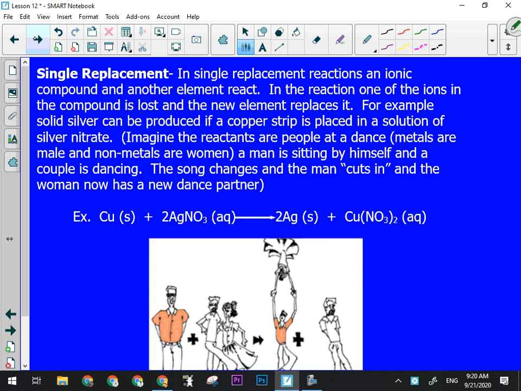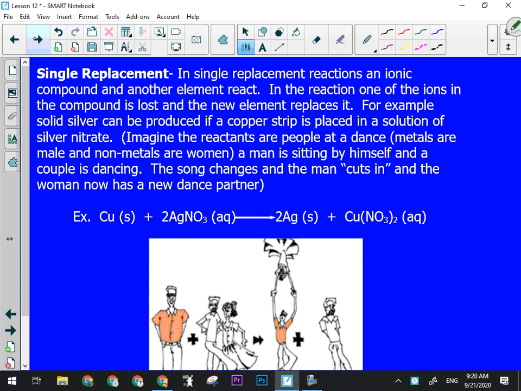This is a real reaction. If I put a piece of copper wire or a penny in a solution of silver nitrate, the following reaction will slowly occur. The copper will be replaced by the silver, and essentially my penny, piece of copper wire, will turn from copper to silver.